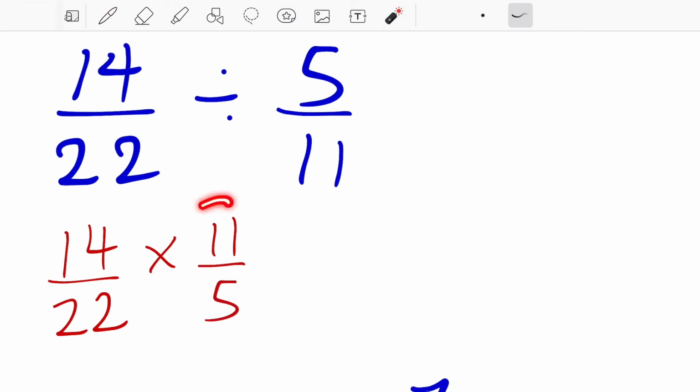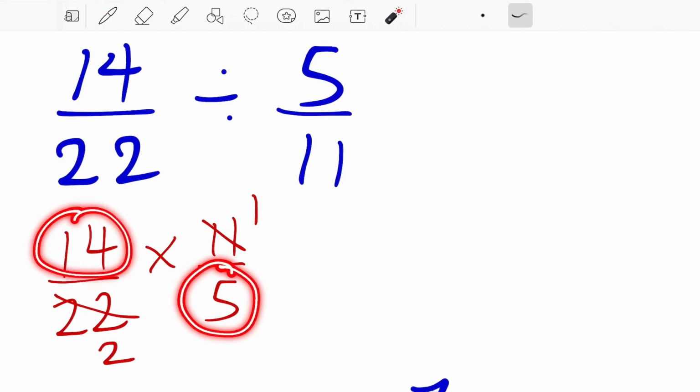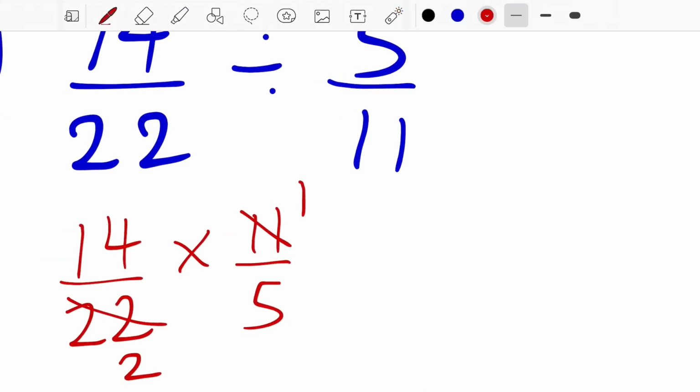So right away we can see that 11 can go into 22. So 11 into 11 is 1. 11 into 22 is 2. There is no number that can go into both 5 and 14. So we say 1 times 14 on top is 14, and below 2 times 5 is 10.